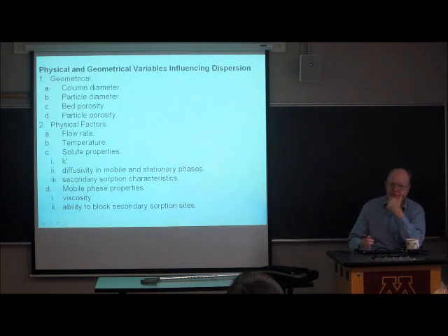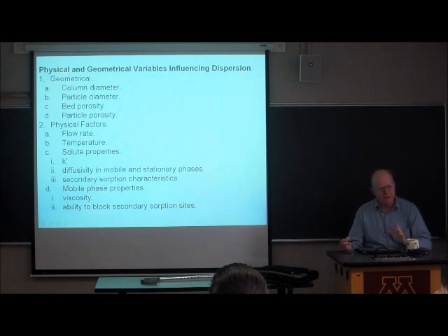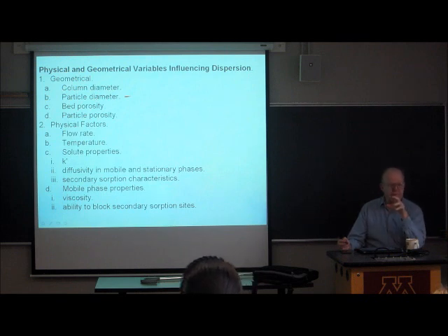I wanted to list all of the different physical variables that relate to broadening, and you almost can't think of something that's not related to broadening. There's geometrical issues. The diameter of the column does matter to a certain extent. Much more important is the particle diameter, which is a very critical variable in determining how many plates you're going to have.